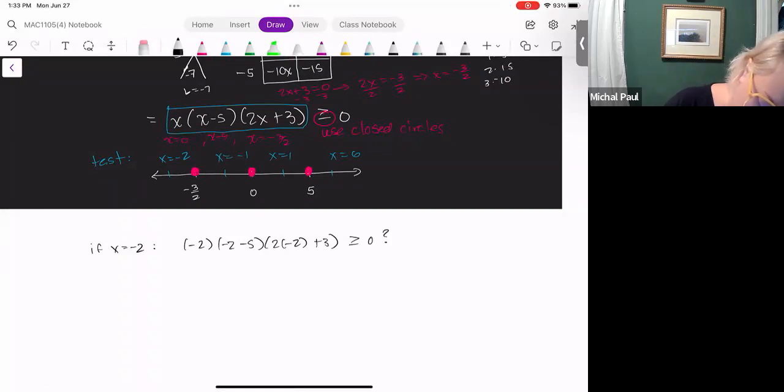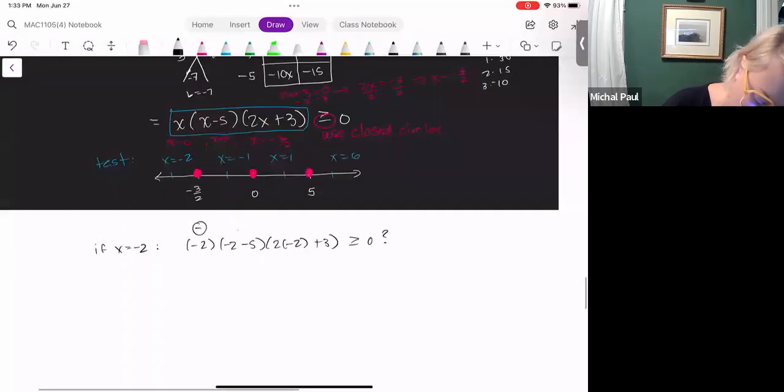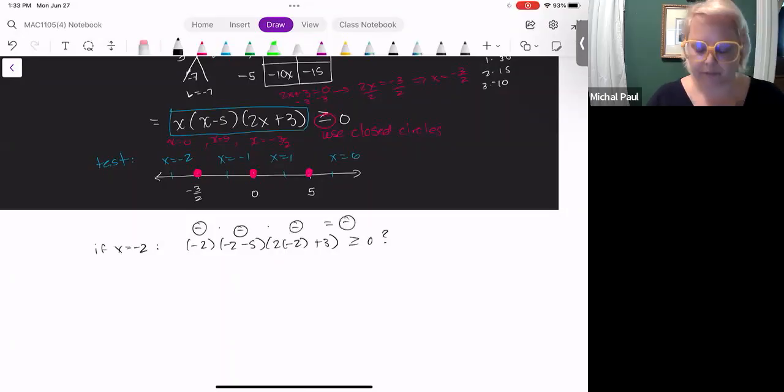Well, negative 2 is a negative. Negative 2 minus 5 is negative 7. That's a negative also. 2 times negative 2 is negative 4, plus 3 is still a negative. That's a negative 1. A negative times a negative times a negative is equal to a negative, right? Because the first two make a positive number, and then the last negative makes it a negative product.